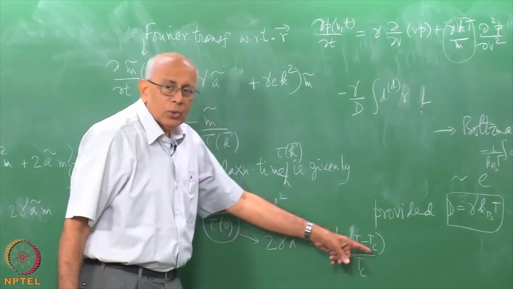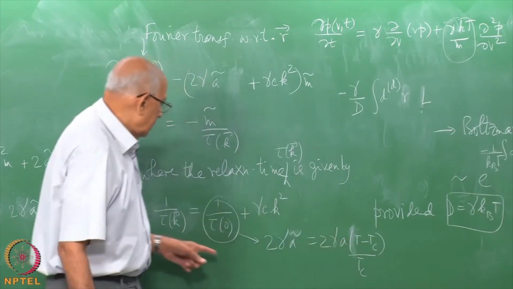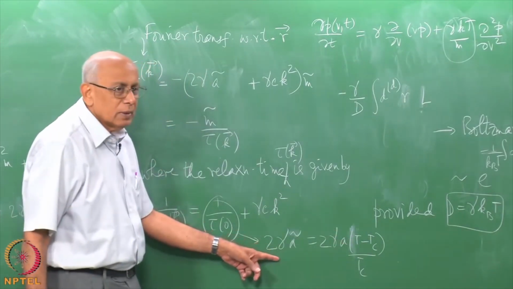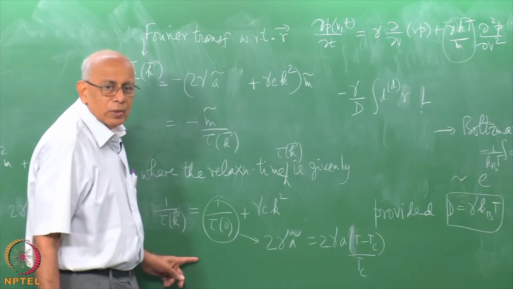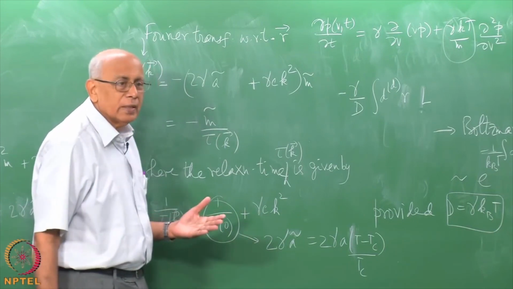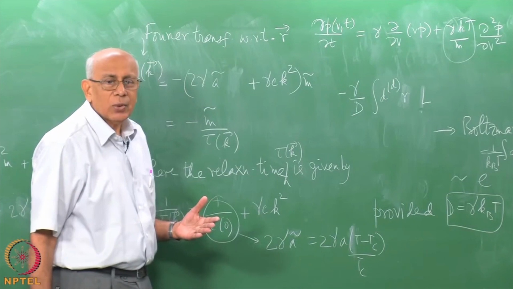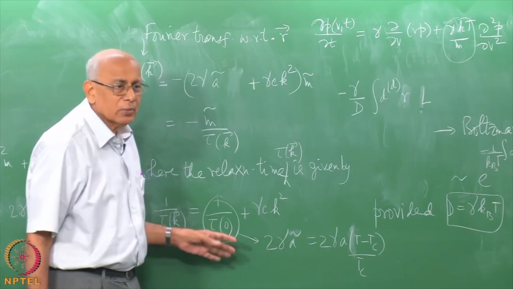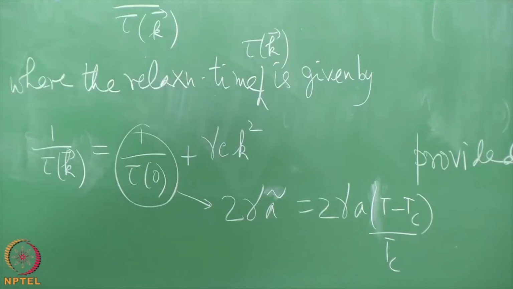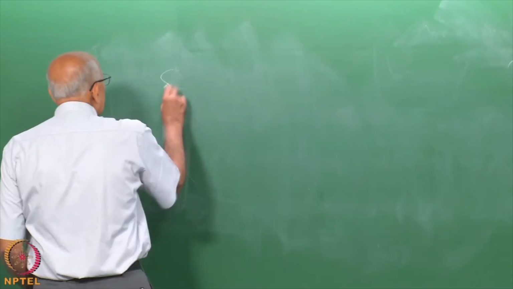And as T goes to Tc, this goes to 0, so 1 over tau 0 goes to 0, and therefore tau 0 goes to infinity. That is called critical slowing down. So this is where critical slowing down comes. Well, let us write that down.